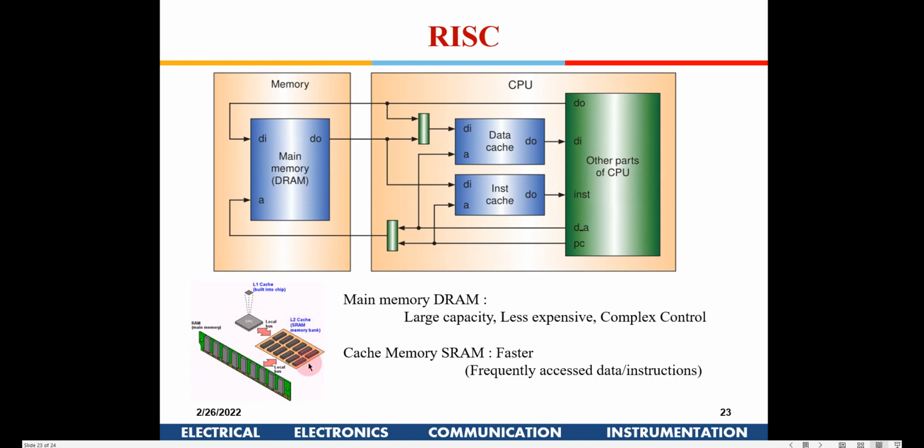In big servers these kinds of things are done, where you have an L2 cache, a separate SRAM over and above the DRAM, intermediate to the DRAM and the processor. You have a level 2 cache of SRAMs also. This is normally not there in our normal CPUs, but in big servers you have this system. In our CPUs, the cache memory is within the CPU, what we have for home applications.